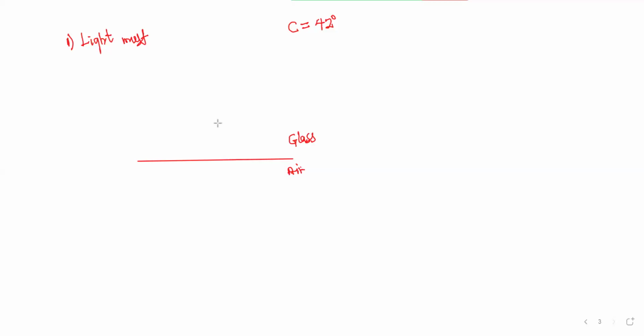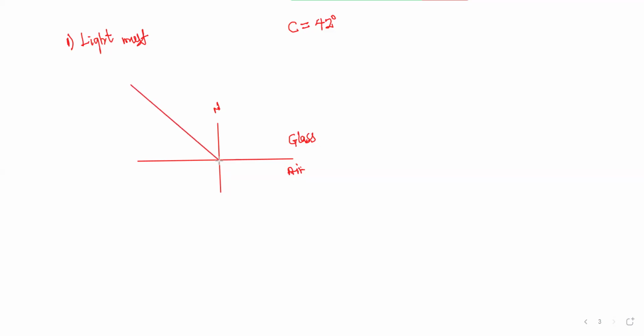So let's draw a normal. Here's a normal. Now we are incidenting light within the dense medium, because the first condition is that light must travel from more dense medium into a less dense medium.